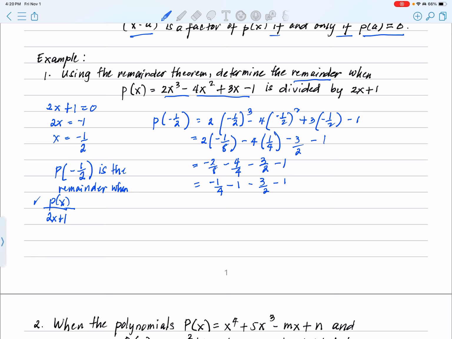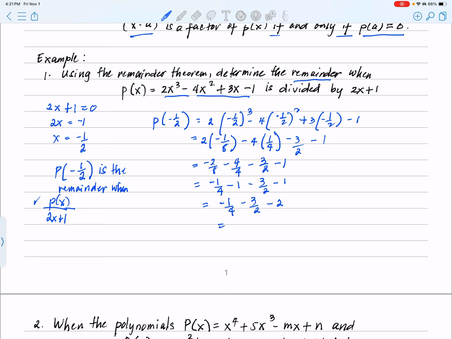I want everything to have a least common denominator. I could say that negative 1 and negative 1, I could combine that: negative 3 over 2, then minus 2.